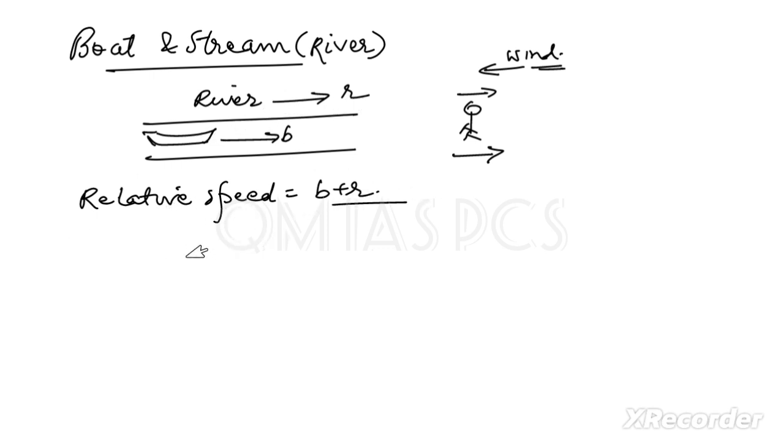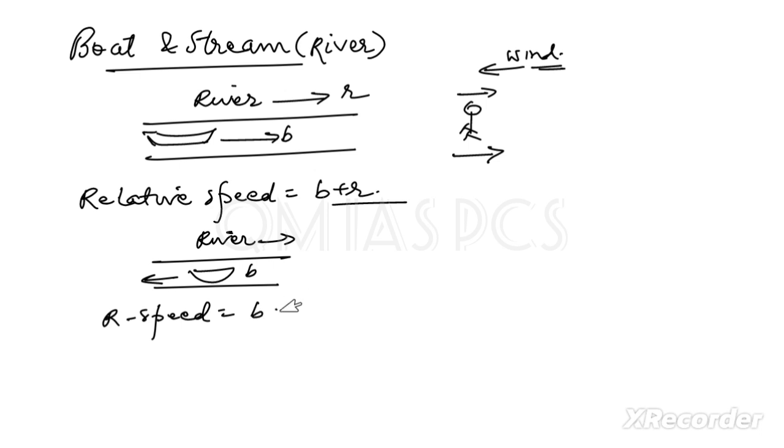And if this is the direction of the river and the boat is moving in this direction, in that case the relative speed will be subtracted, and obviously the speed of the boat will be larger than the speed of the stream, so b minus r will be your relative speed. Okay, so we have to consider this always while solving numericals. This is the main concept in boat and stream. Now let's see a few numericals based on this.